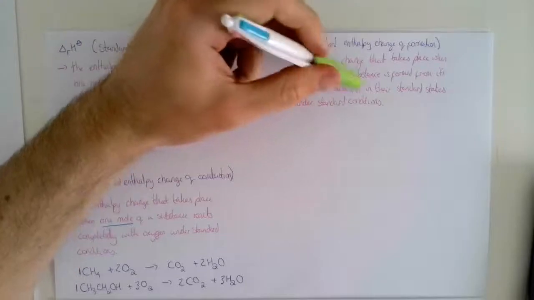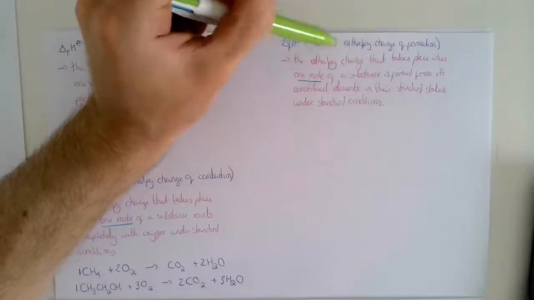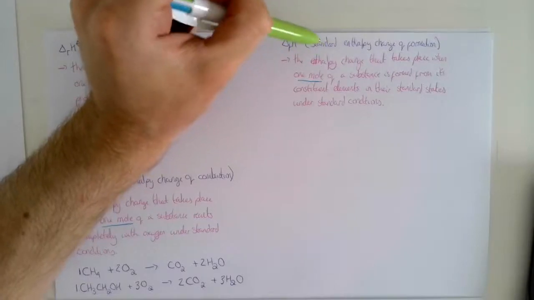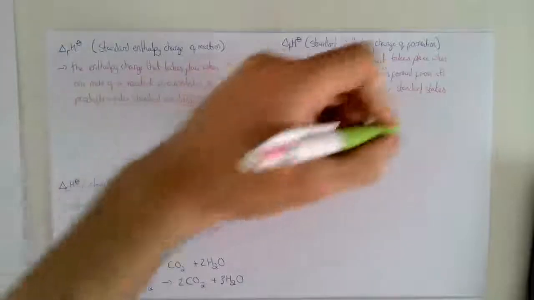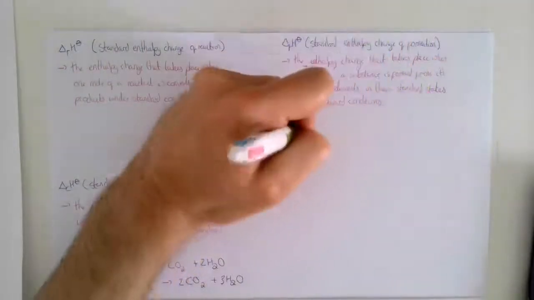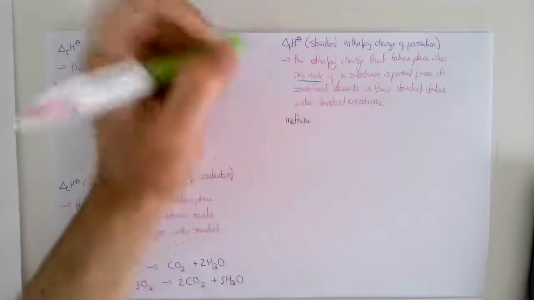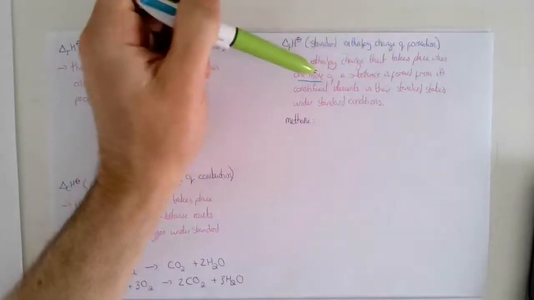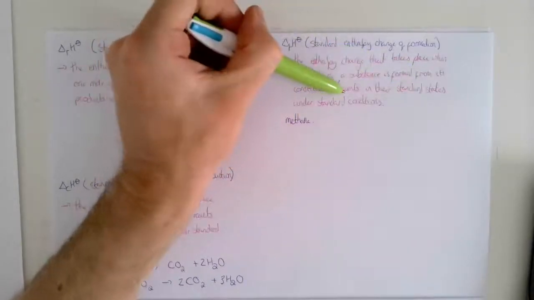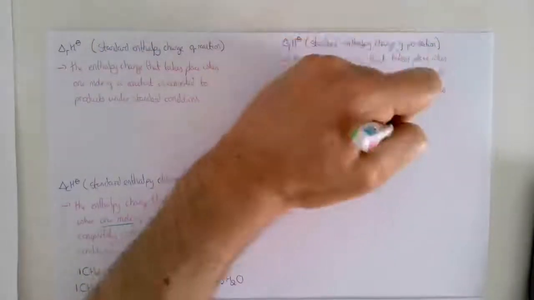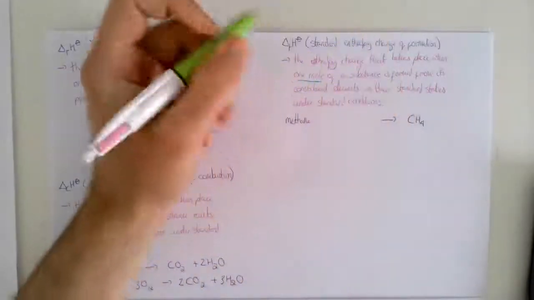So let's say we were asked to write an equation that expresses the chemical change that takes place in the standard enthalpy change of formation of methane, CH4. So 1 mole of a substance, in this case methane, is formed from its constituent elements.